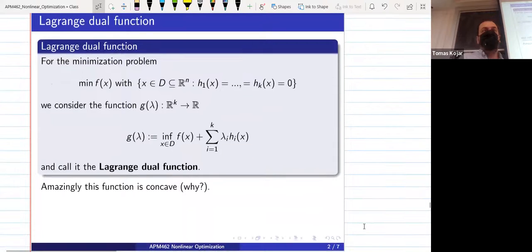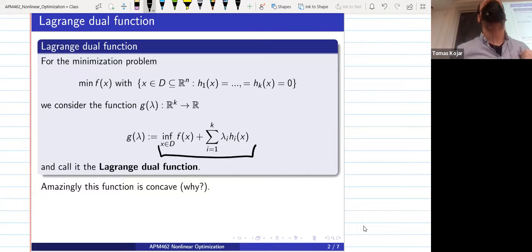All right. This function is concave in lambda. Any guesses why? Why is this whole function concave? It's a little bit tricky. I don't know if you remember, we had the following result.